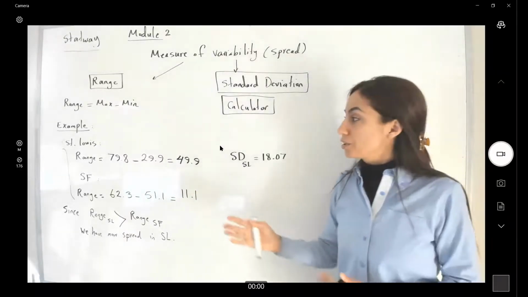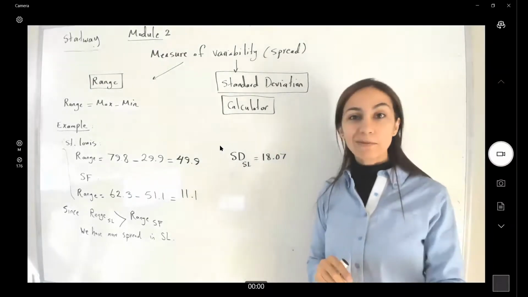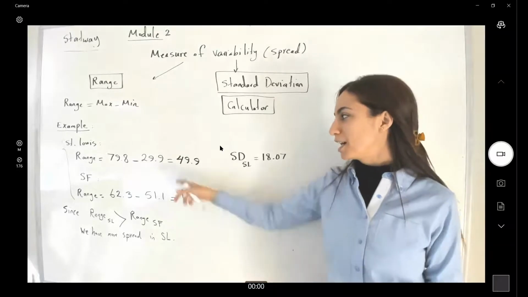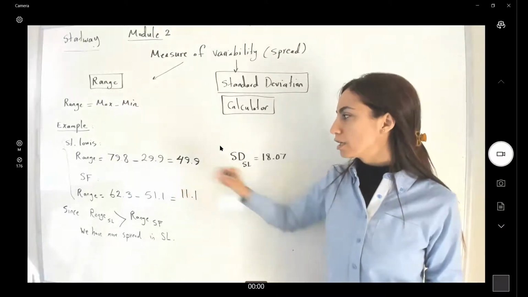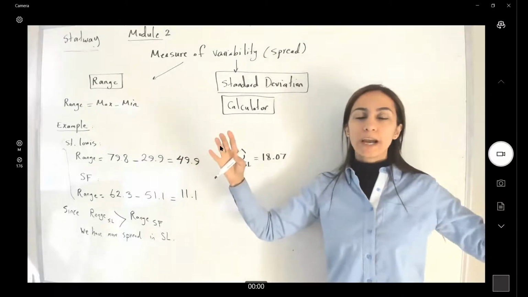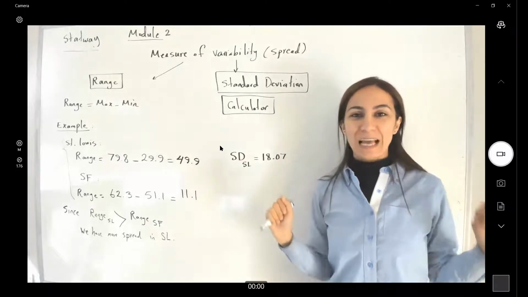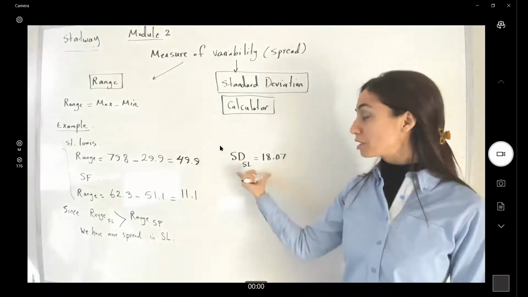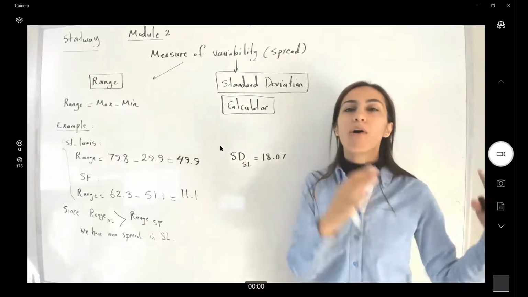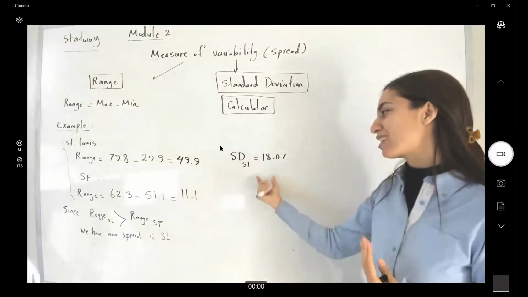The range just took into account the maximum value and the minimum value. And as you can see, 49.9 just shows how far away the maximum and minimum value are in your sample. Standard deviation, we entered all of our information in a calculator and it gives us this number.